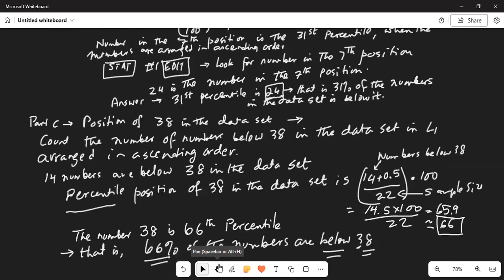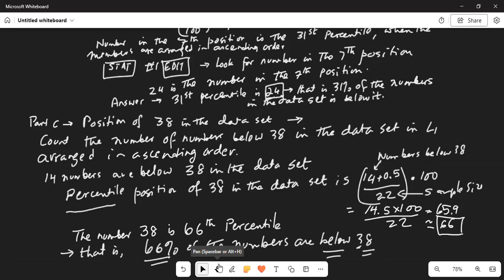Next, we were asked to find the percentile position of a particular number. That number was 38. We went to the list L1, which was already arranged in ascending order from lowest to highest. We found how many numbers are below 38, which was 14. To that, we added 0.5 and divided by the total sample size of 22, and we got 65.9, which is rounded to 66.